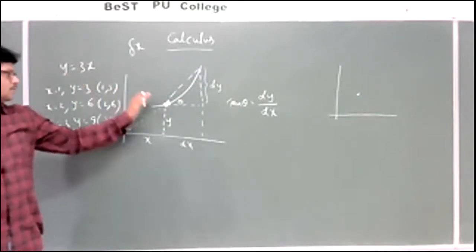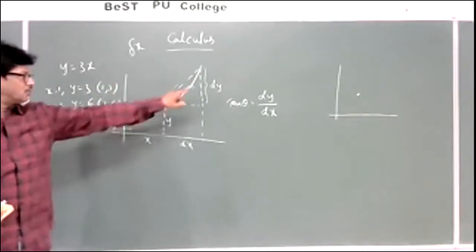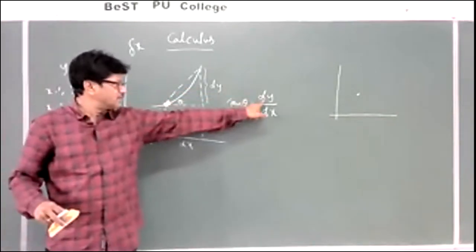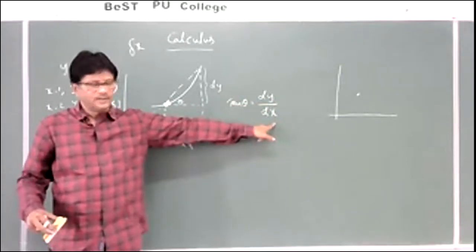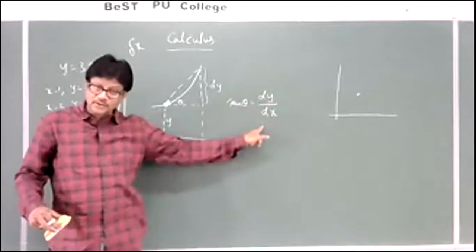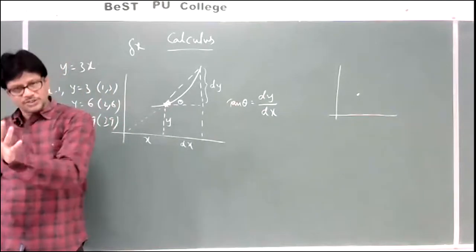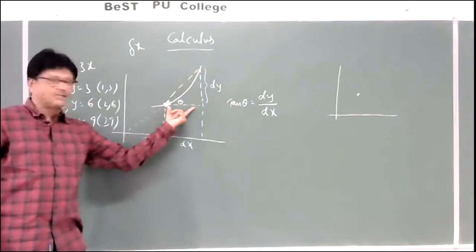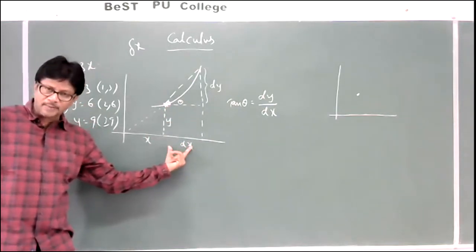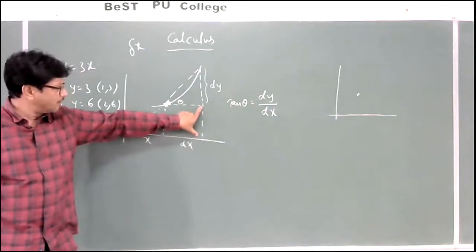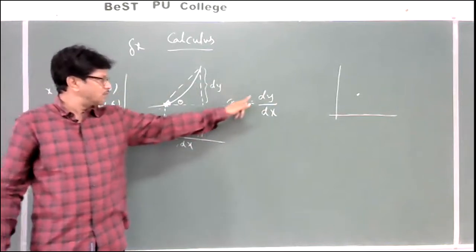To find out the slope, what I am doing is taking the difference in y value with respect to the difference in x value. That is nothing but how much y will change as the x value changes. As the x value changes by a small amount called dx, the y value changes by a small amount called dy.